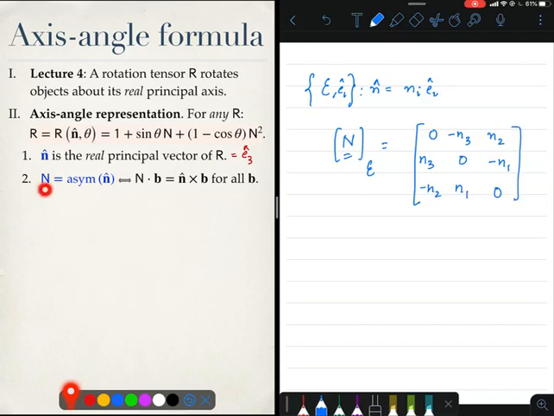So that is what capital N is in terms of small n. So small n will be given, you can compute capital N. So this formula is now clear. Okay, theta is the angle by which rotation takes place about small n.